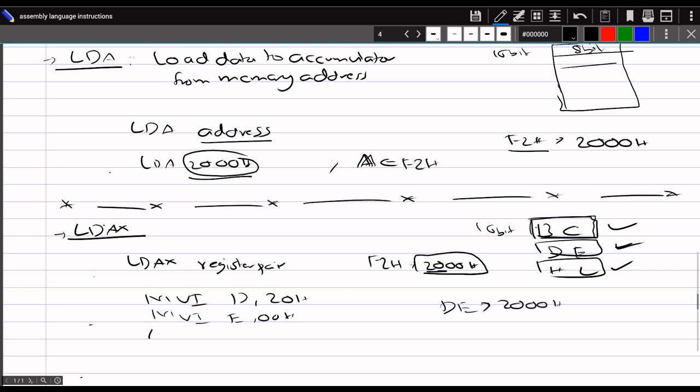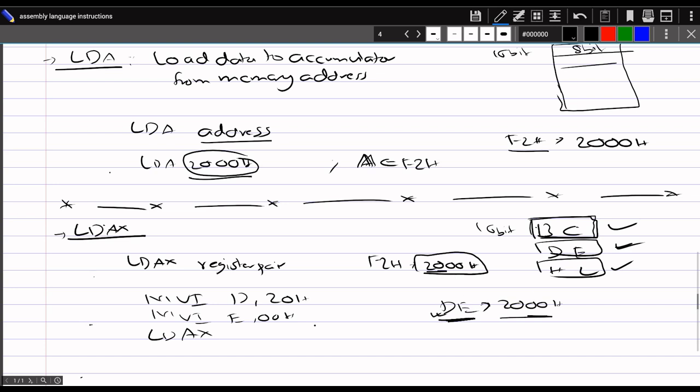Now, if we use LDAX, we need to use this particular register pair where we have our memory address, and while indicating the register pair, we only need to mention the first register.